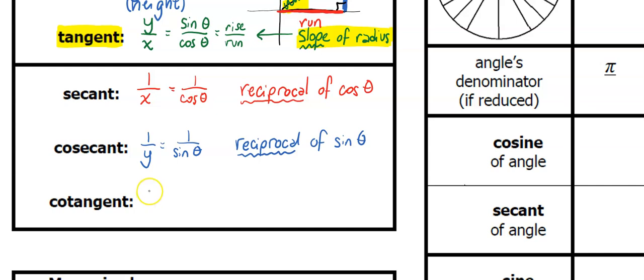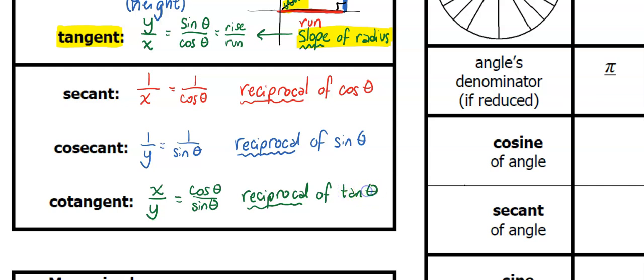And then cotangent, you might have remembered that as, see, I didn't remember it. I got it backwards. As x over y, you might remember that as cosine theta over sine theta. Again, those are true, but it's really just the reciprocal of tangent theta.